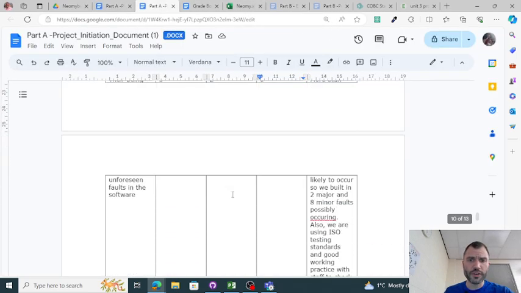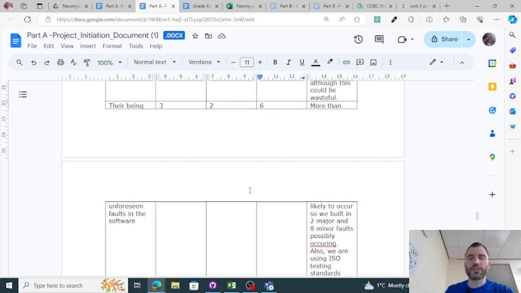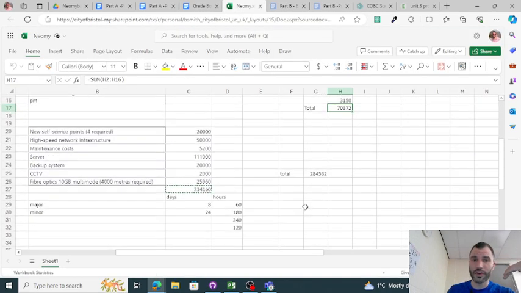But yeah, unforeseen faults. You always get major and minor faults you have to build in. They often add up to a lot of extra testing time and quite a high amount of cost. Like if you look at my little major minor fault calculation, it was 240 extra hours for extra software and testing time.